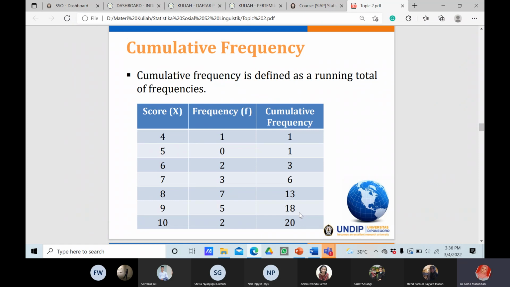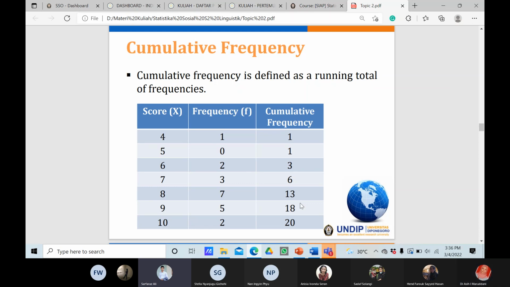Can you know the difference between frequency distribution and cumulative frequency? No, ma'am. Ma'am, may I ask a question?